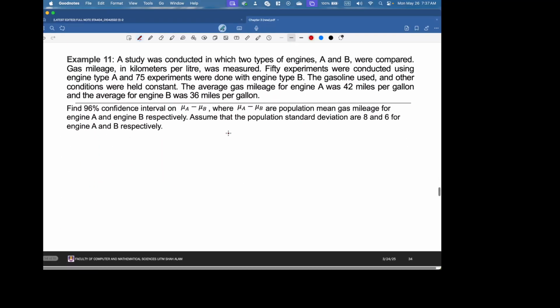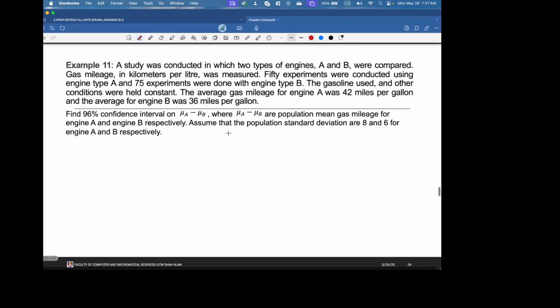So let's take a look at the examples. A study was conducted with two types of engine. So we have A and B. You can use 1 and 2, or you can use A and B. So suppose that I use 1 and 2.